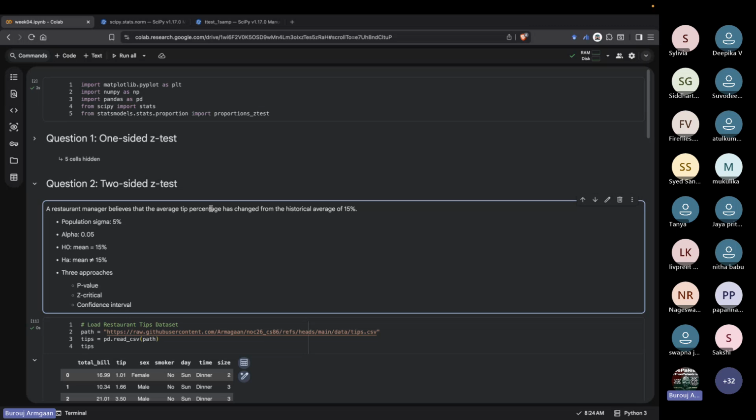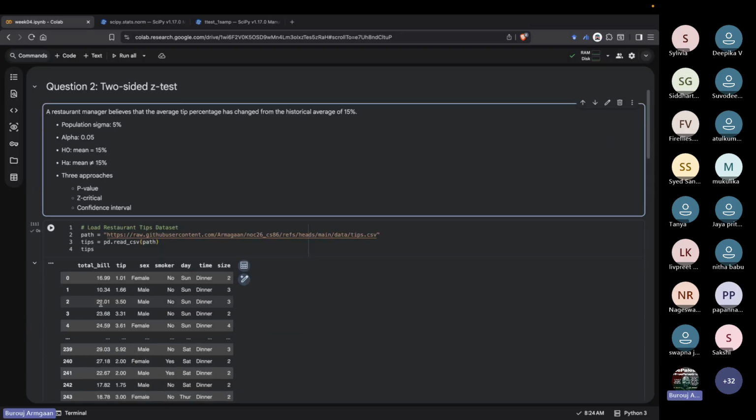There is no proportion here. Suppose I did not give you this particular total bill column. I just give you the tip, the percentage tip you receive. Like sometimes you receive 10%, sometimes you receive 20%. The manager says that we used to get 15%, but now we are getting more than that.